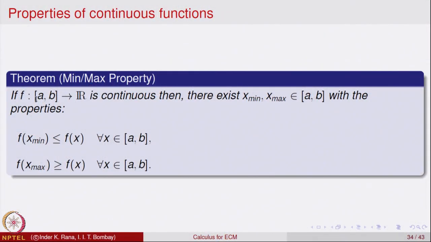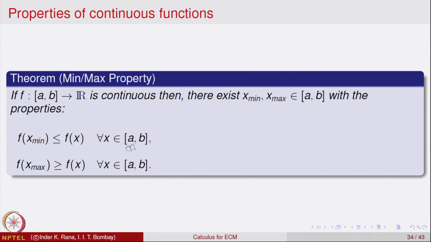It says that if the domain is a closed bounded interval [a, b], and f is a continuous function on a closed bounded interval, then there exist two points, let us call them x min and x max, belonging to the domain [a, b], such that the value f of x at every point in between is greater than or equal to f of x min and less than or equal to f of x max.